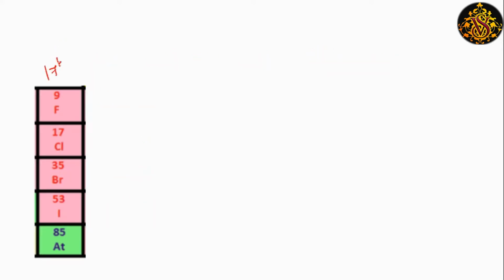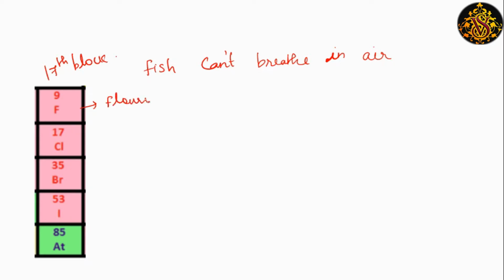And the 17th block of P block elements. Just remember, fish can't breathe in air. Fish can't breathe in air. F, fluorine. Cl, chlorine.